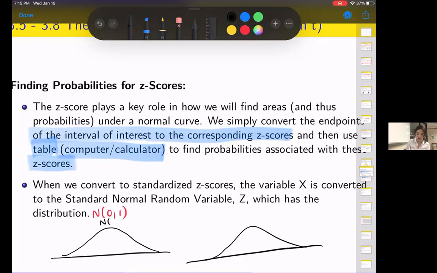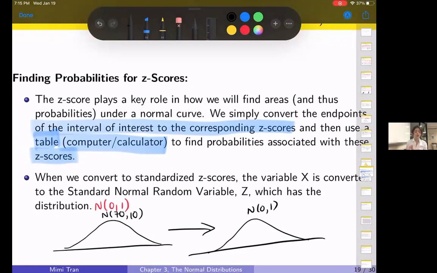One is normal with mean 70 and standard deviation 10. Then we convert it to the standardized one, with mean 0 and standard deviation 1. We can do that for every problem. As long as it's normal, we can do it for any problem using the standard score.